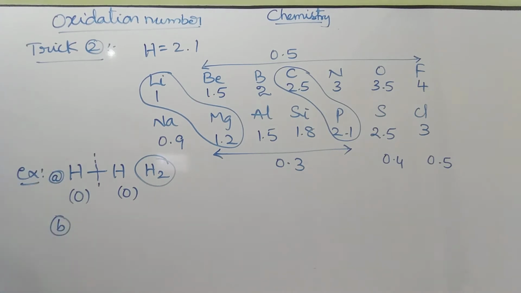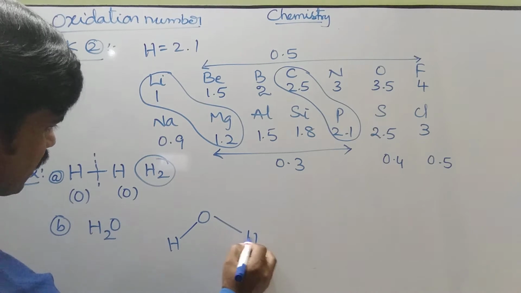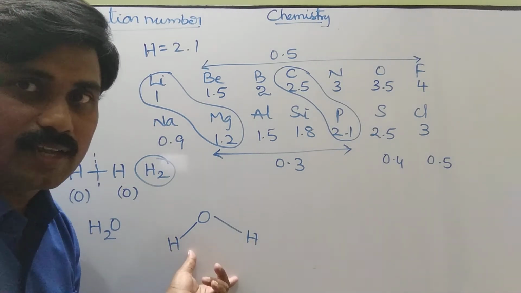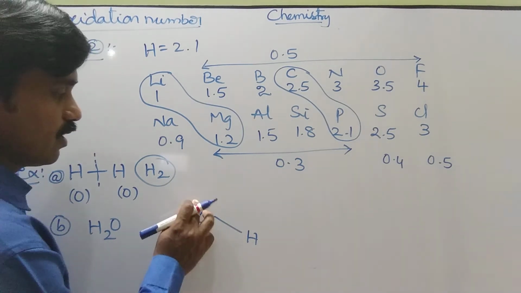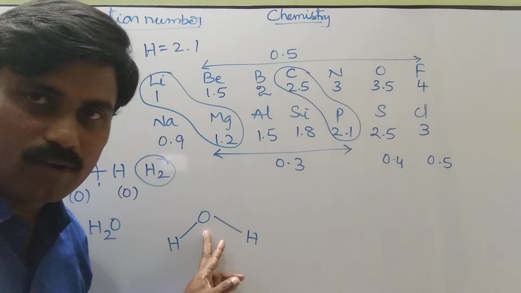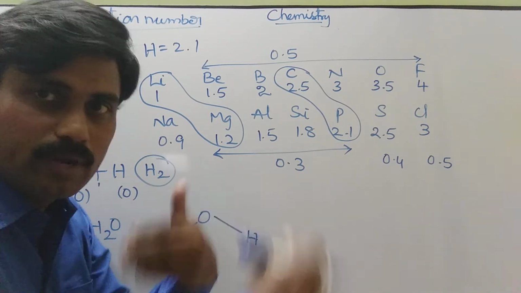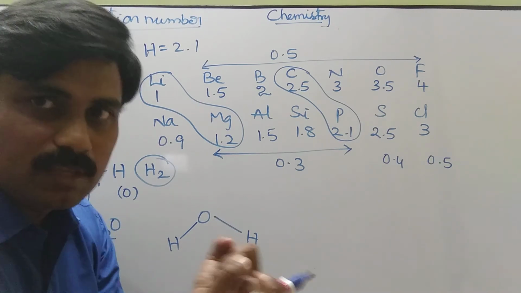Look at one more example. H2O. In the H2O molecule, oxygen is bonded with two hydrogen atoms. Hydrogen and oxygen are not identical atoms. They are not the same atoms, different atoms. Between these two atoms, oxygen electronegativity value is 3.5, hydrogen electronegativity value is 2.1. So which is more electronegative? The more electronegative element can accept the pair.